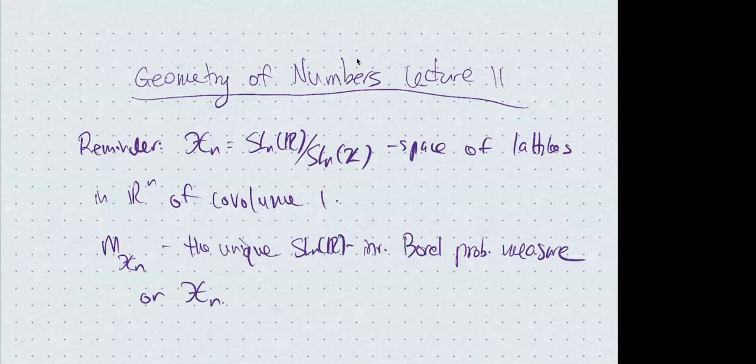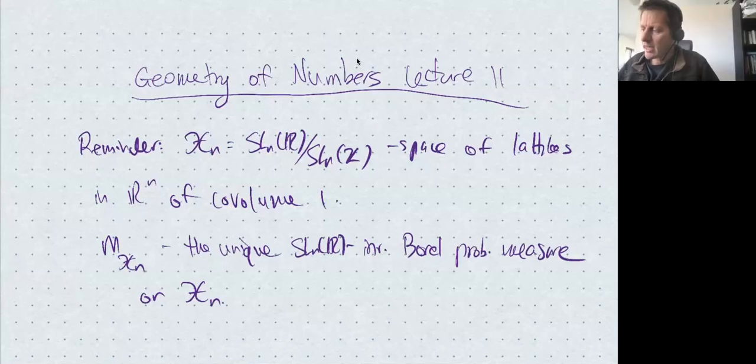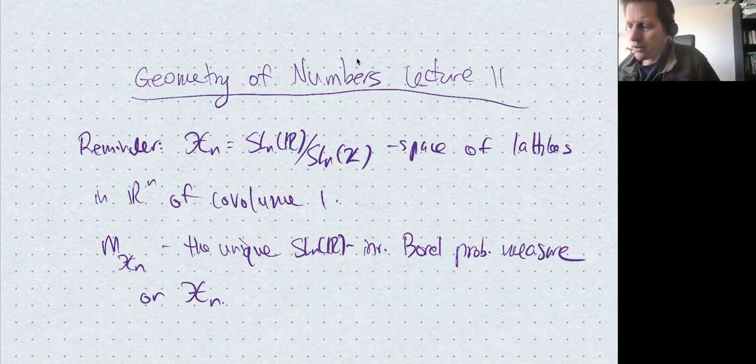And so our interest now is in lattices which are chosen randomly according to this measure. One of our reasons for being interested in it was the lattice which maximizes the packing density among lattices, which means among all lattices of covolume 1, the length of its shortest non-zero vector is maximal.